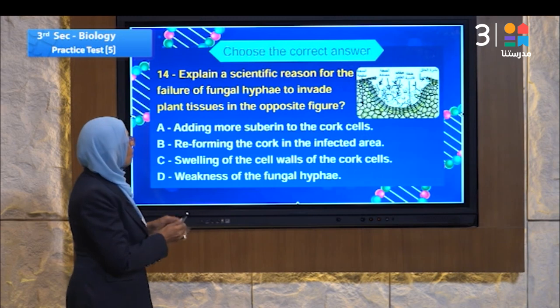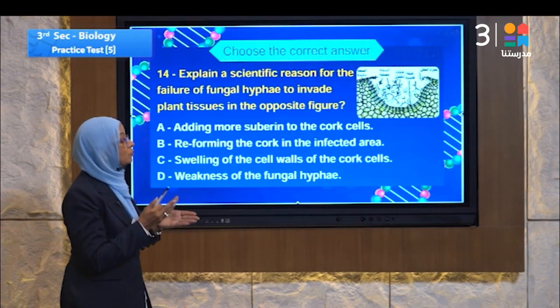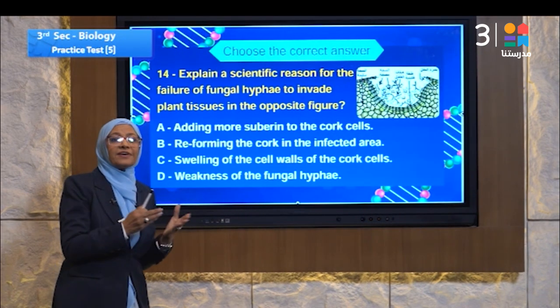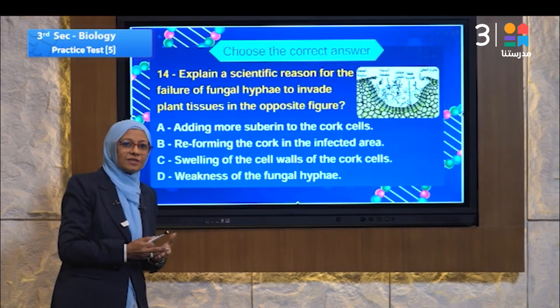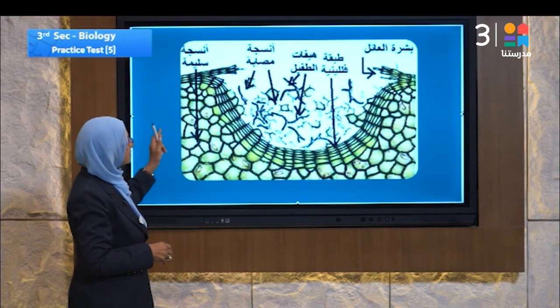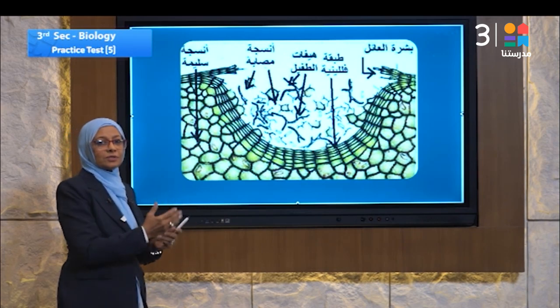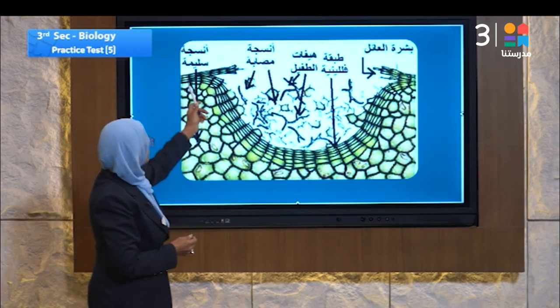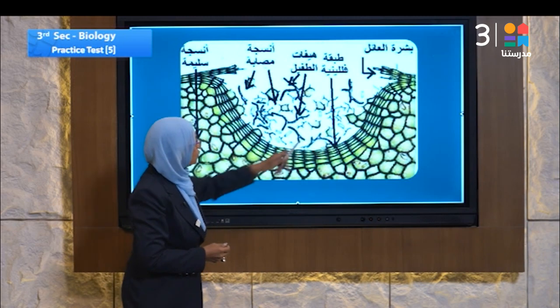They tried to penetrate, but they failed. Why did they fail? Let's study the figure, then return to the question. That's a tissue.